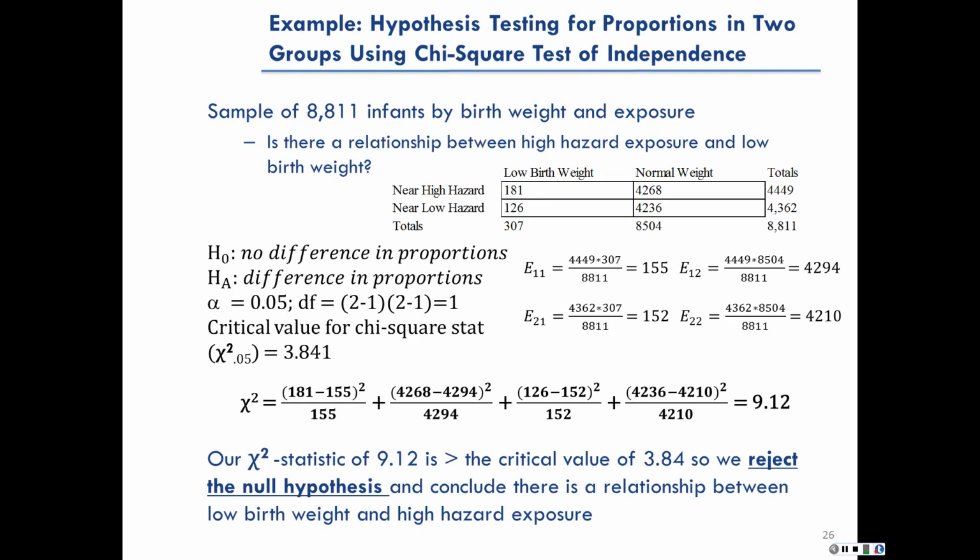And when we add those up, our result is 9.12. And so this chi-square statistic of 9.12 is greater than the critical value that we looked up in the table of 3.84. So the result is that we reject our null hypothesis and conclude that there is a relationship between low birth weight and high hazard exposure.